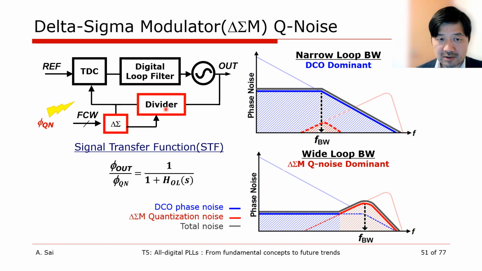Therefore, as shown here, DCO phase noise dominates when the loop bandwidth is narrow, and the quantization noise dominates when the loop bandwidth is wide.